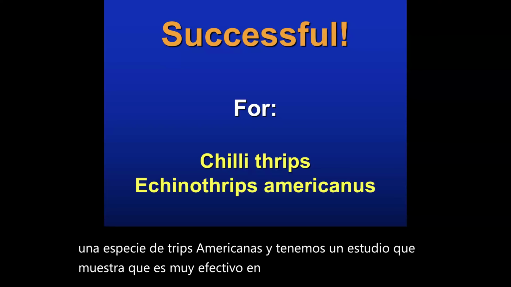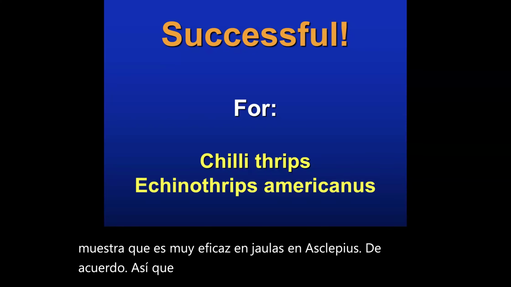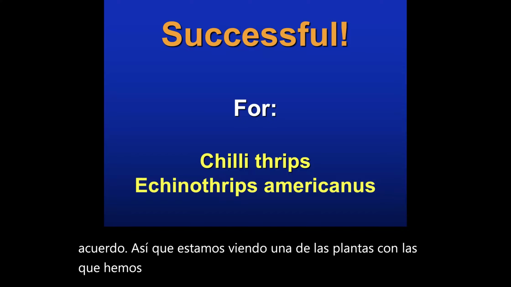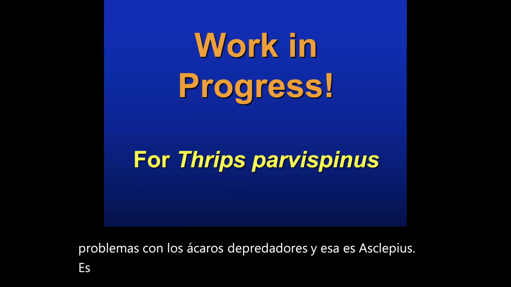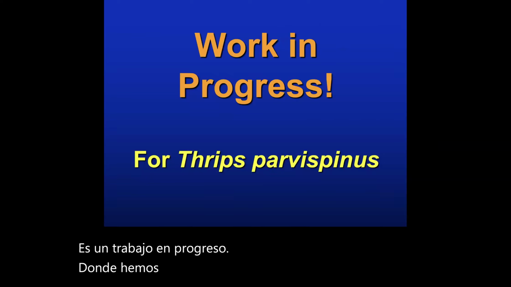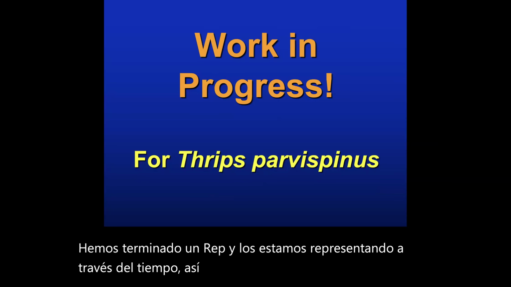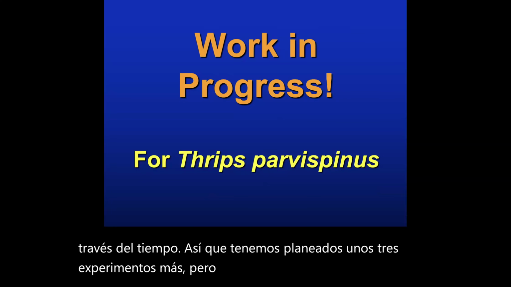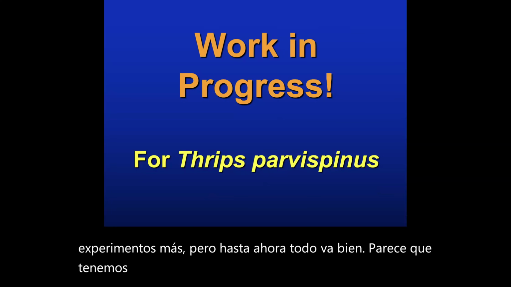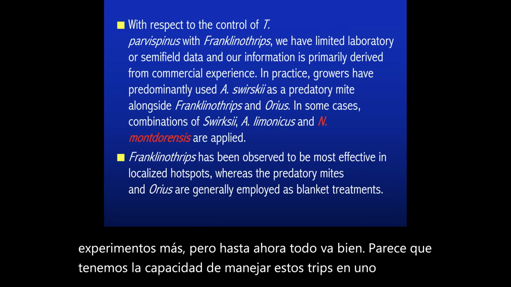Okay, so we're looking at one of the plants we've had problems with predatory mites, and that's Asclepias. It's a work in progress. We have finished one rep, and we're repeating these through time. So we've got about 3 more experiments planned. But so far, so good. It looks like we have the ability to manage this thrips on one of its preferred hosts.